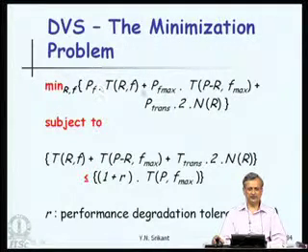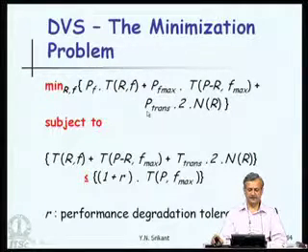This is as far as region R, which is executed at lower frequency F. Then we have the region P minus R, which operates at the highest frequency. The power consumption at this level is P(F max), and T(P minus R, F max) is the time spent in the rest of the program, that is P minus R.